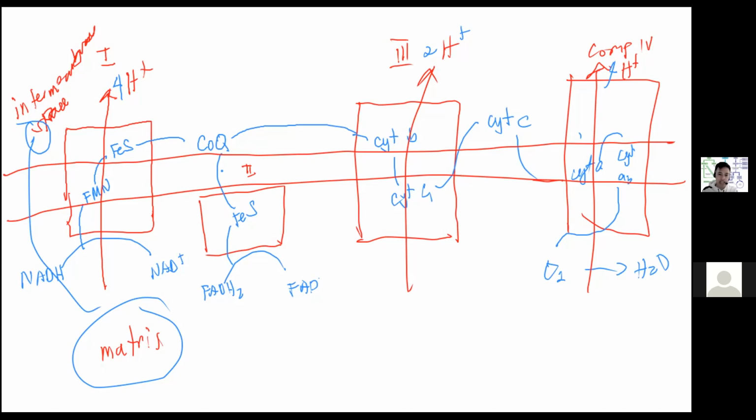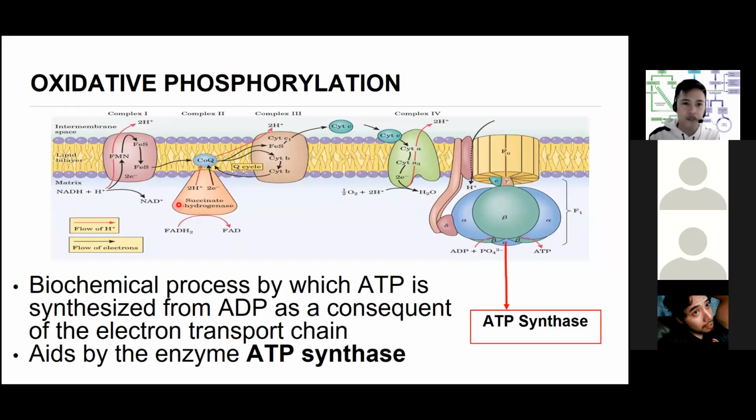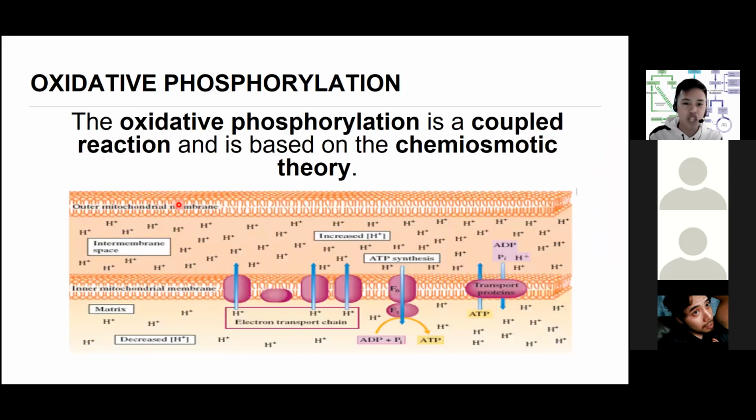So why am I saying this? Okay, so let me explain now the next stage of stage 4. The next stage of step 4 is called your oxidative phosphorylation. Like what I've mentioned, your complexes will pump hydrogen into the intermembrane space.